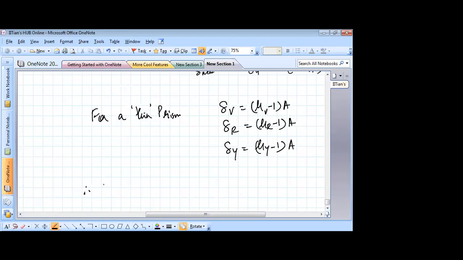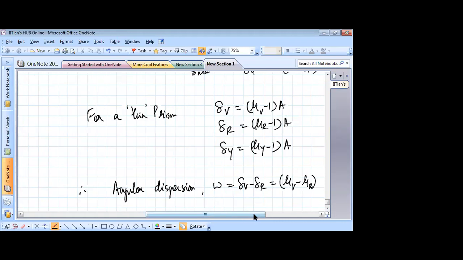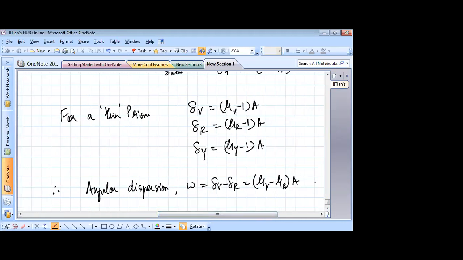So therefore, angular dispersion, which I think is typically denoted with the symbol omega, becomes the difference of refractive index, violet having a larger refractive index, into the angle.